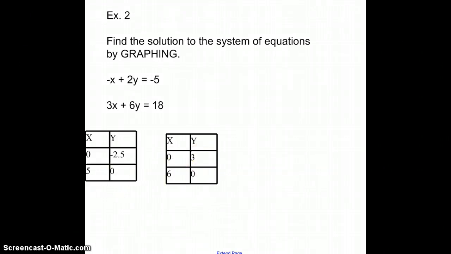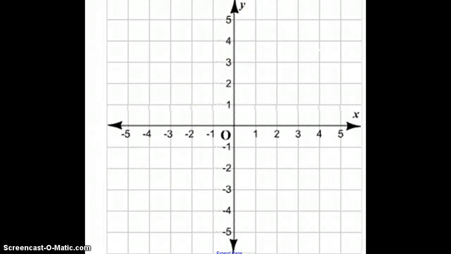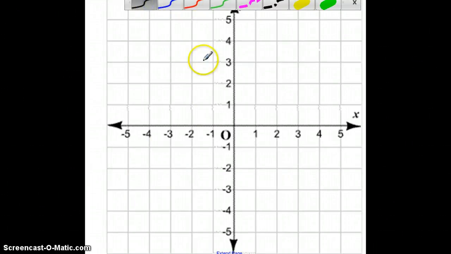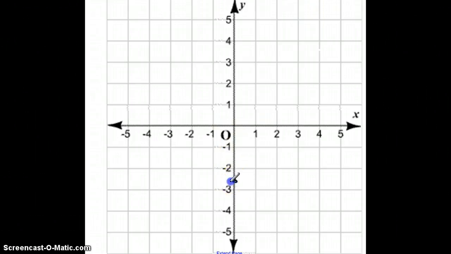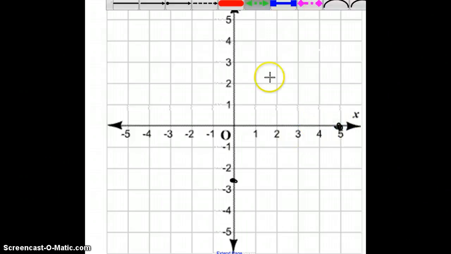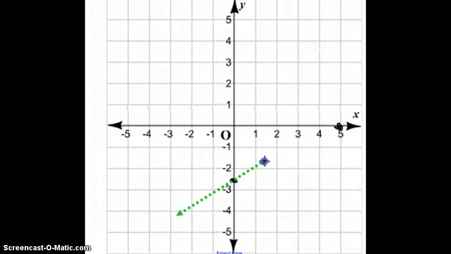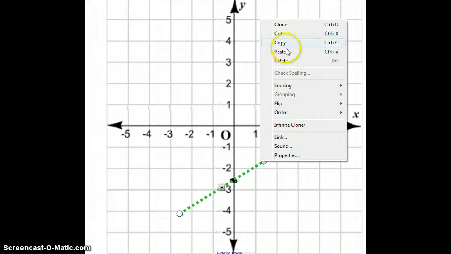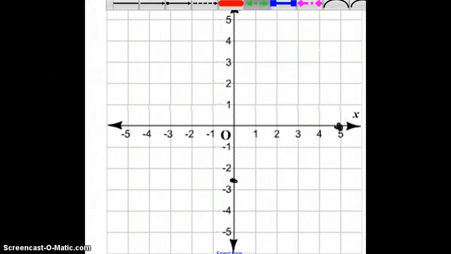So now what we're going to do is go to our graph and plot those points. Okay, so x is 0, y is negative 2.5. And when x is 5, y is 0. Okay, so there we go with that. Sorry, wrong color there.